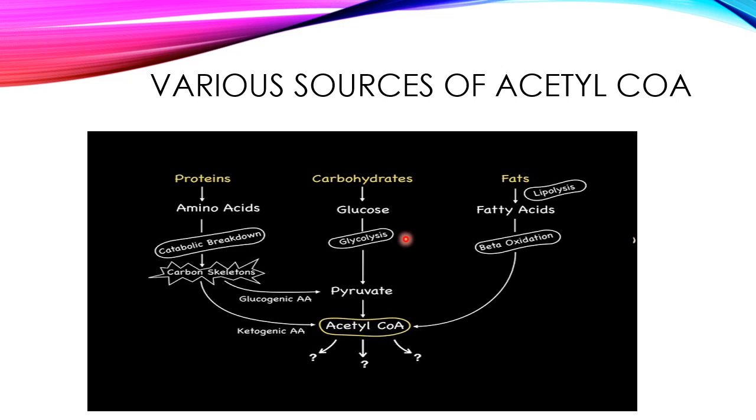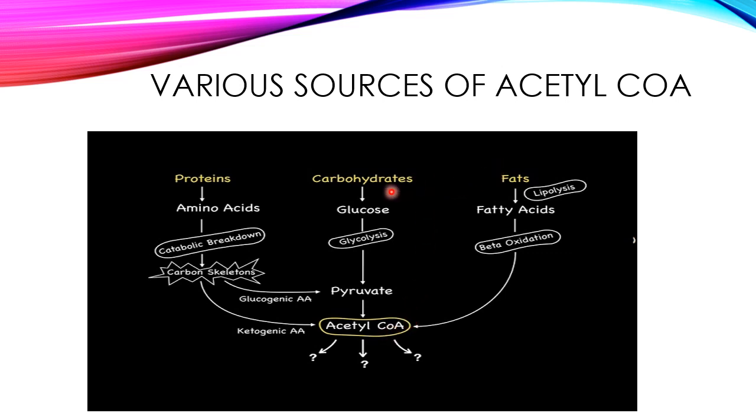Glucose undergoes glycolysis. We have learned earlier that the 10 steps of glycolysis convert the glucose into a 3-carbon compound, pyruvate. The pyruvate now undergoes decarboxylation in the mitochondria to get converted into acetyl-CoA.